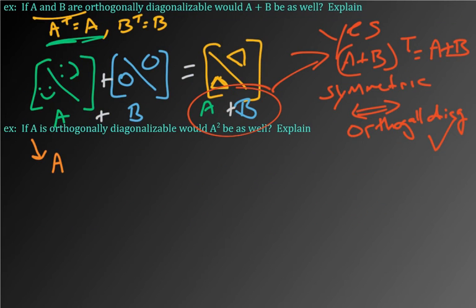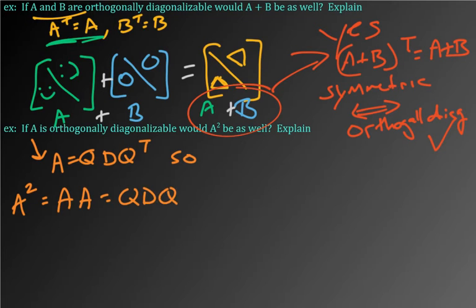If A is orthogonally diagonalizable, then A equals Q D Q transpose. So A squared, which is equal to just A times A, is Q D Q transpose times Q D Q transpose, right?